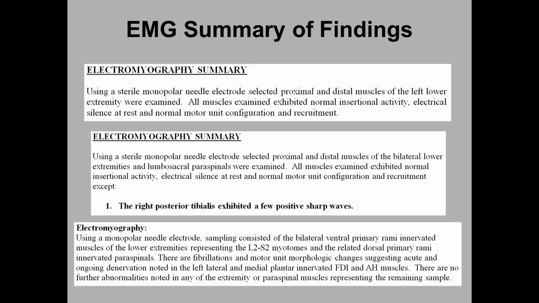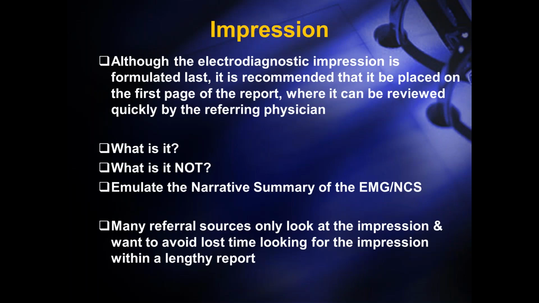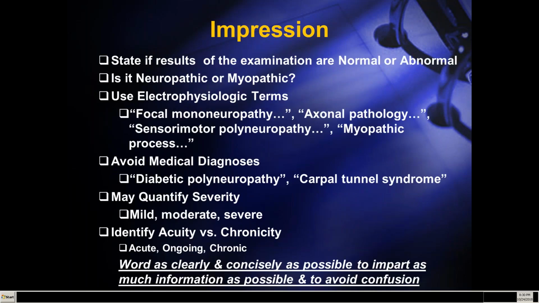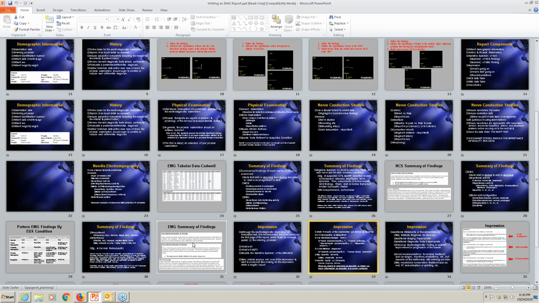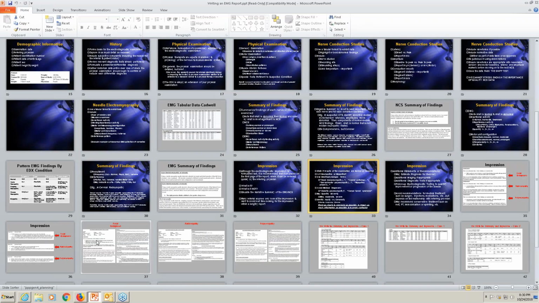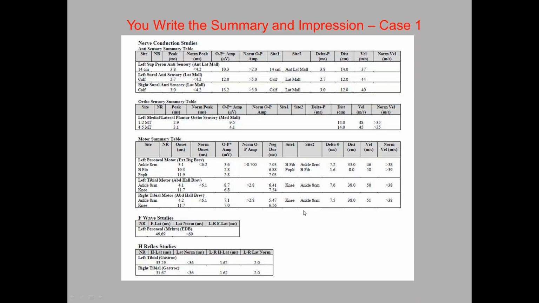So, let's do some more stuff. What about, you guys are okay writing impressions, right? How you write an impression? So you guys summarize this data. We'll just do more of the same stuff.